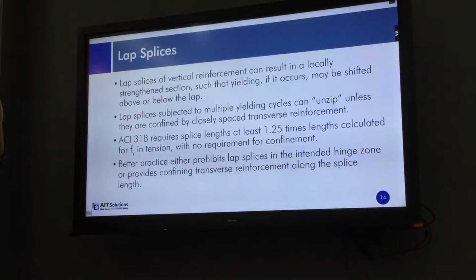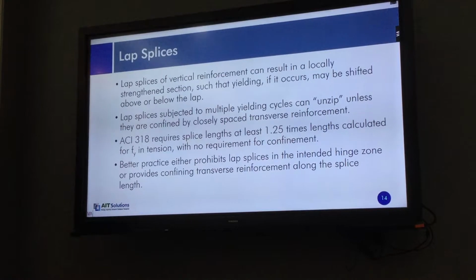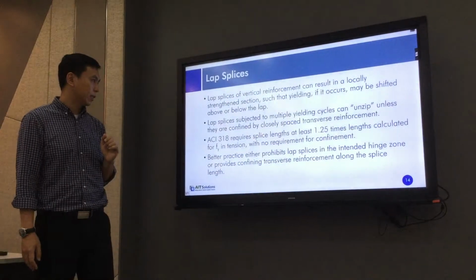Previously we assumed that the ground level to level 1 shear wall will yield and we provide confinement. But because of the moment capacity increase, the yielding location is shifted to the upper floors, which may not have good confinement. So these things we have to take care of in the design.